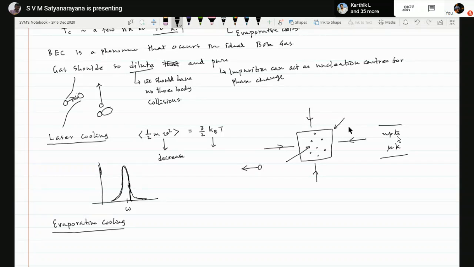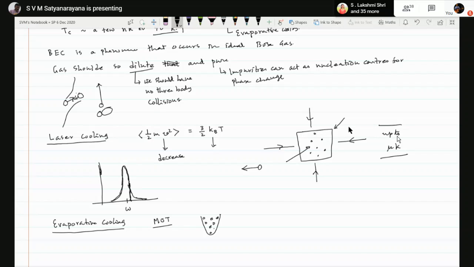So what these people did in evaporative cooling is that they used some kind of a trap. This is called MOT, magneto-optic trap. So these particles are trapped. That means you are creating a potential well in which you have these particles.